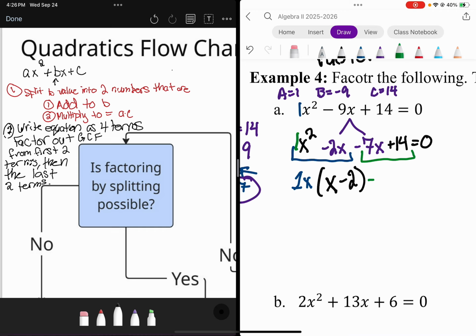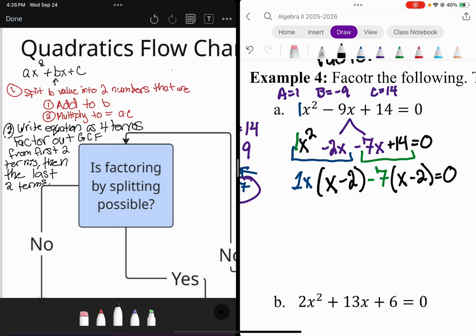We need to think of the largest number we can divide 7 and 14 by, and that is going to be 7. Only the 7x, the -7x, has an x. The 14 doesn't, so we can't factor out an x with it. So in our parentheses now, if we have -7x divided by -7, that will be x. And then 14 divided by -7 would equal -2.